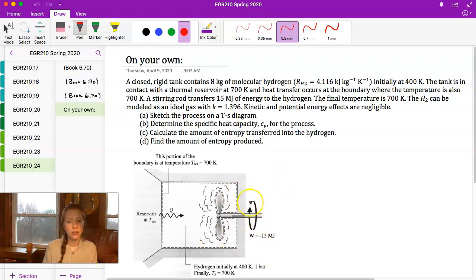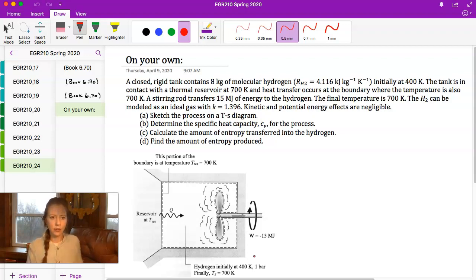Okay, so it's going into spinning the paddle wheel. Also, we have T reservoir is 700 Kelvin, and T2 is 700 Kelvin, and hydrogen is initially T1 at 400 Kelvin, 1 bar. So pause the video, give this a try, and then when you're ready to see the solution, hit play to resume.